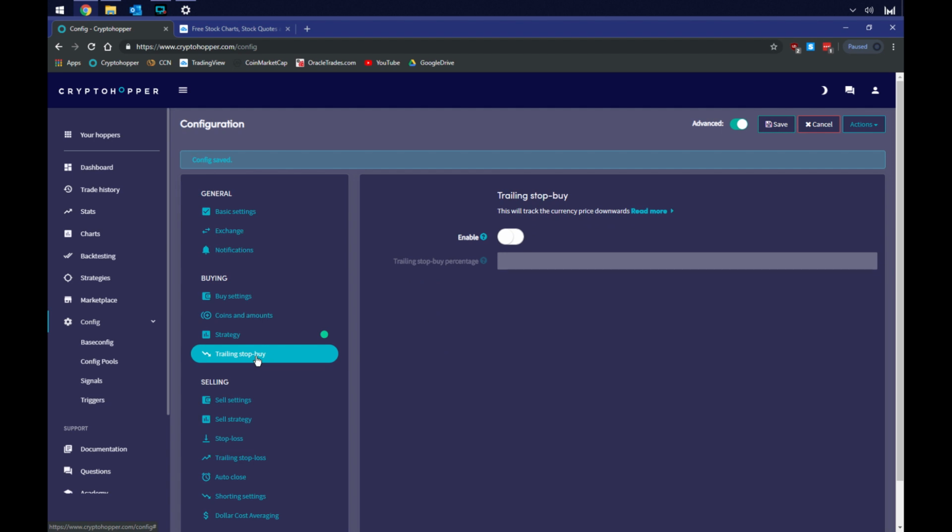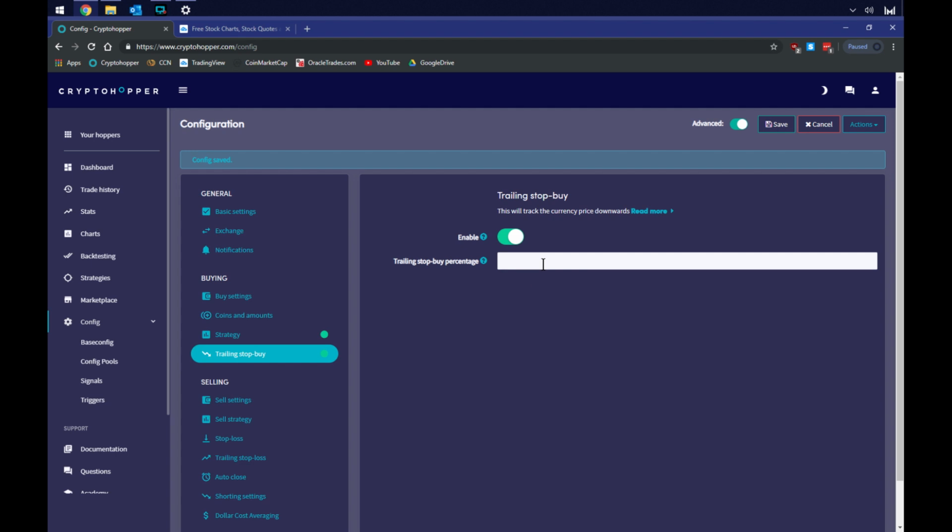The trailing stop buy option will allow you to track the currency price downwards. So in other words, if your strategy or signal found an entry level point, the enabled option will wait before actually buying that currency. In fact, it will wait so long until the price increases again by the percentage you establish.